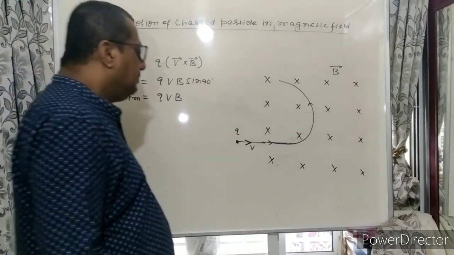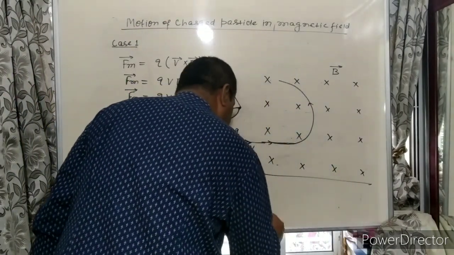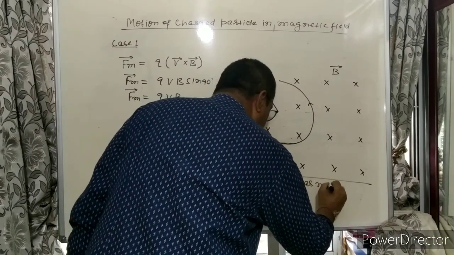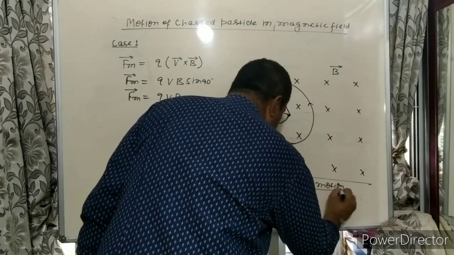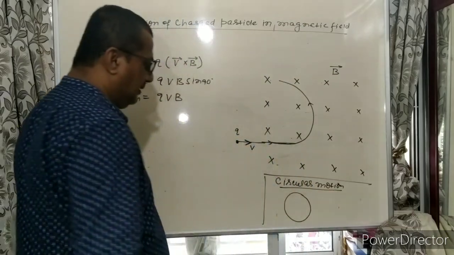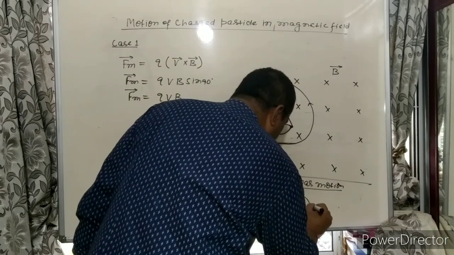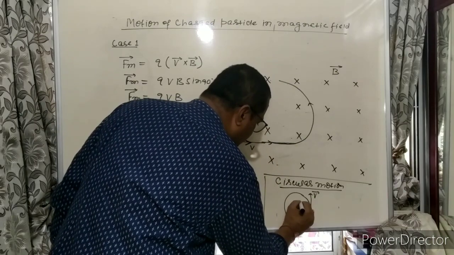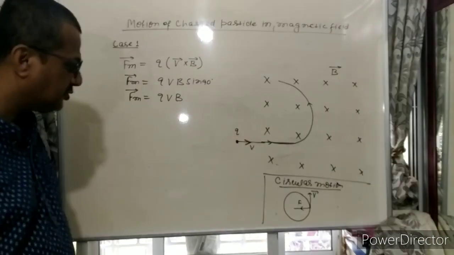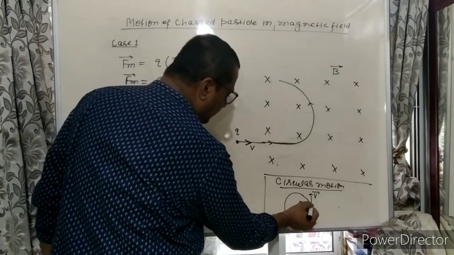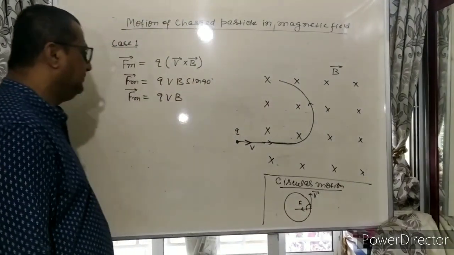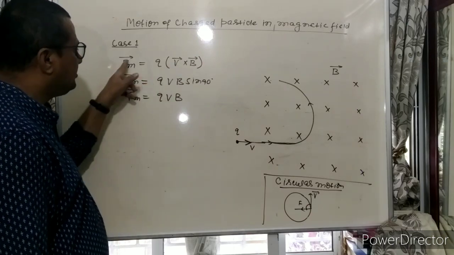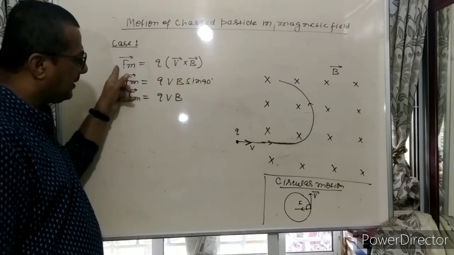Why? Because you know in circular motion, when a particle moves in a circular path, this is the direction of velocity, and this is the direction of force, that is equal to centripetal force, and the angle between velocity and force is 90 degrees. Here also the angle between velocity and force is 90 degrees, because all the three are mutually perpendicular.